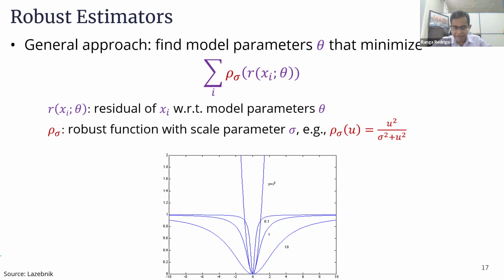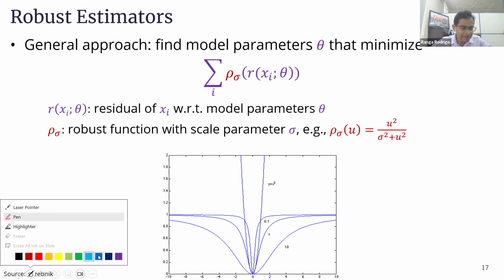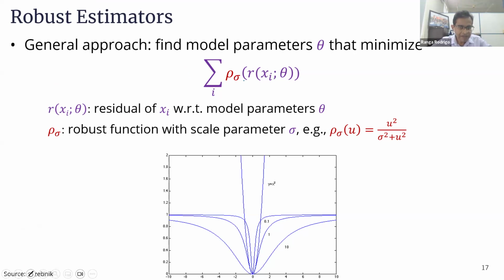Rather than computing the residual or the error directly, we go through a robustifying function. In the earlier case, if your error is like 0.1, you apply this much penalty, error squared. If your error is large, you apply a massive penalty.